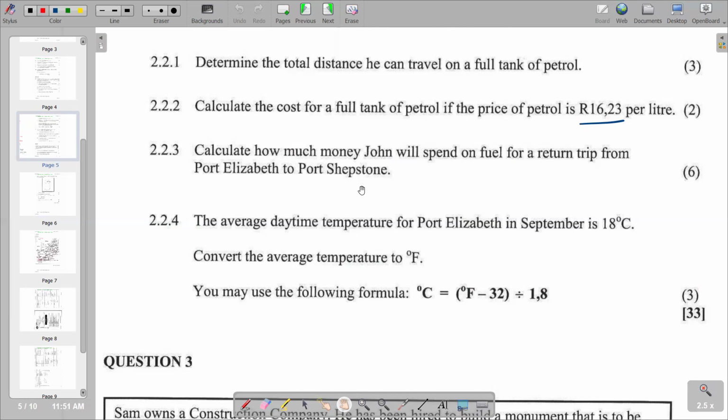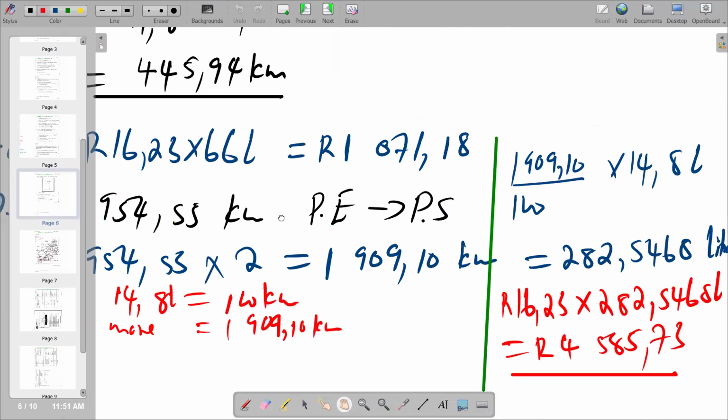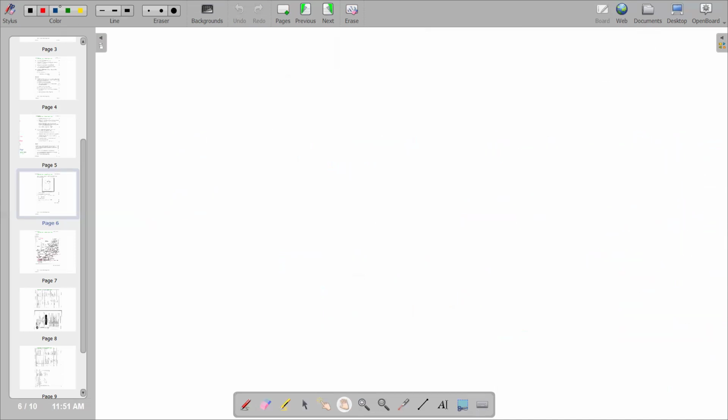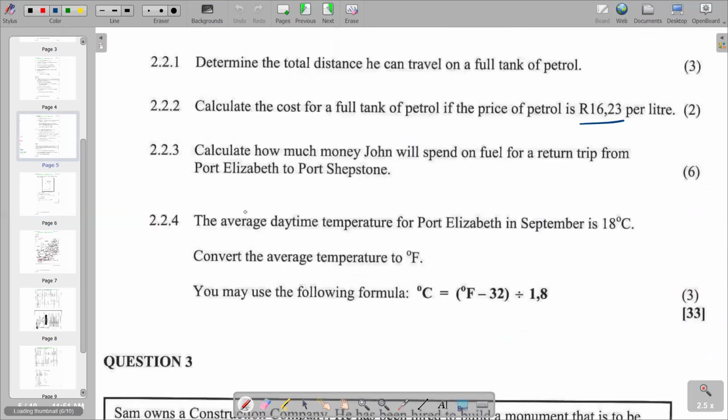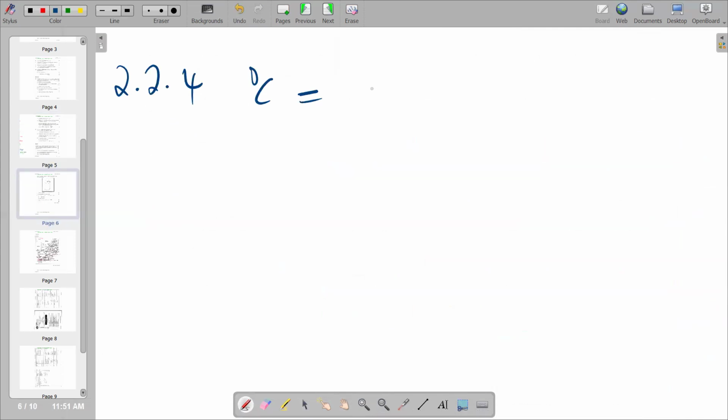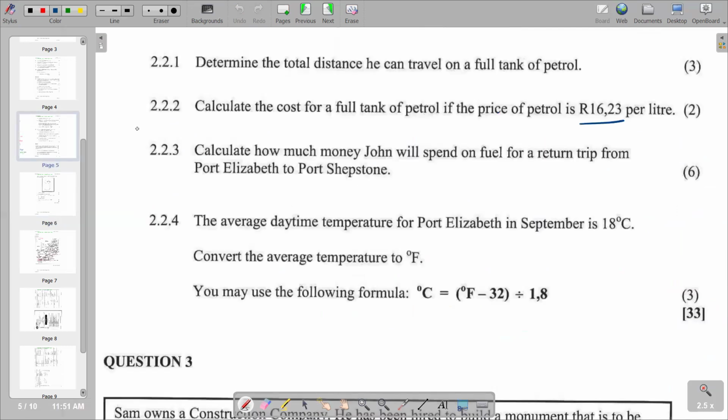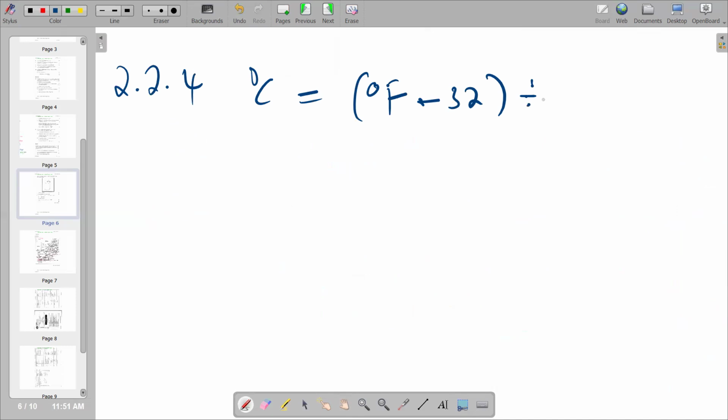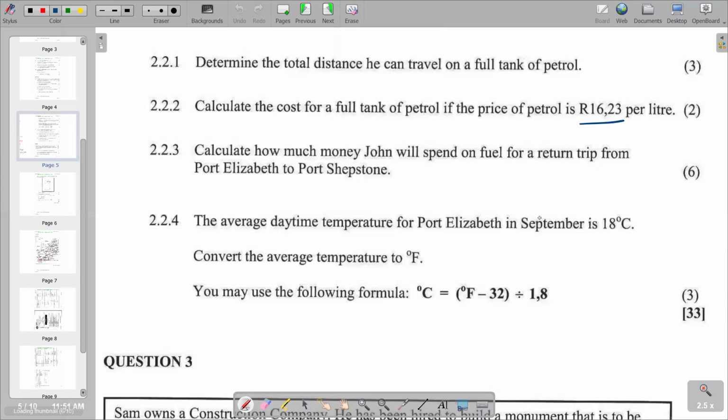So with that now, we can simply put down our formula first, for 2.2.4. Our formula says degrees Celsius equals Fahrenheit minus 32 in brackets, divided by 1.8. What we are given is 18 degrees Celsius.